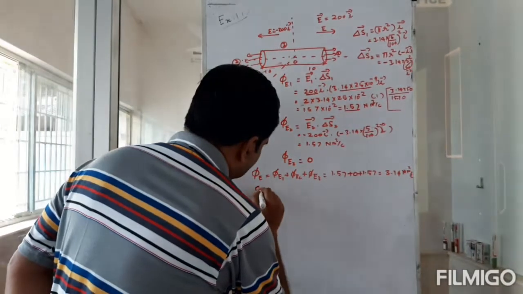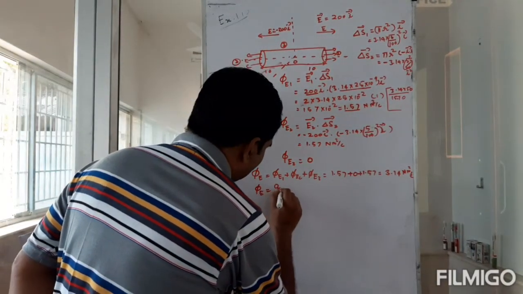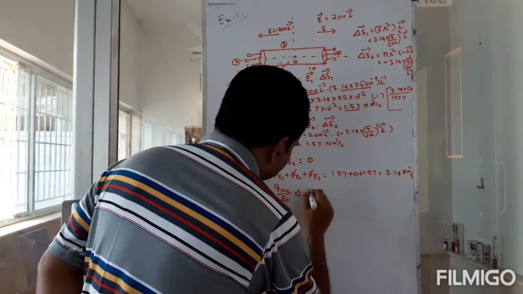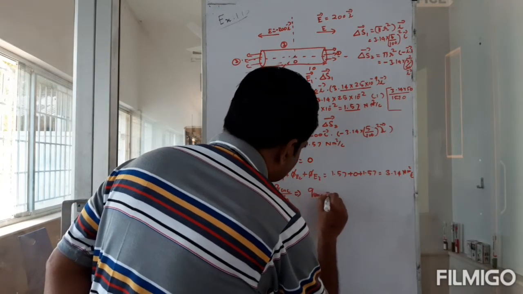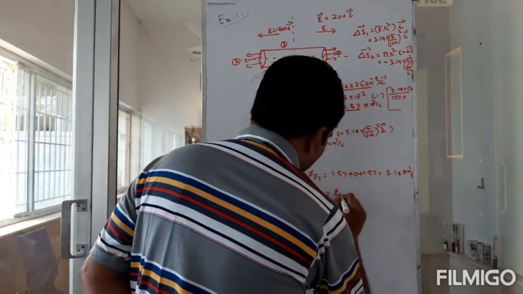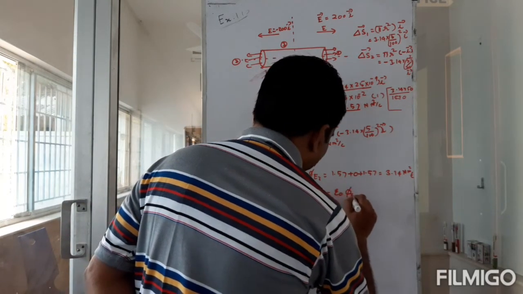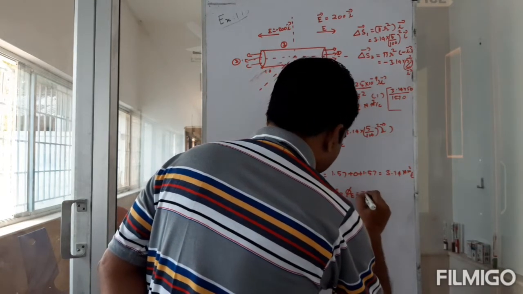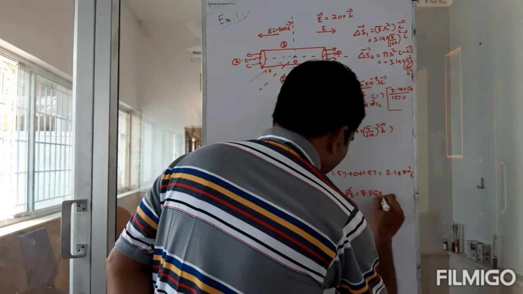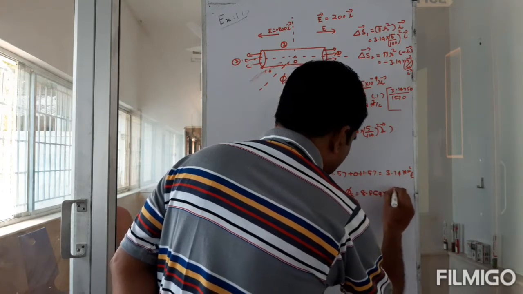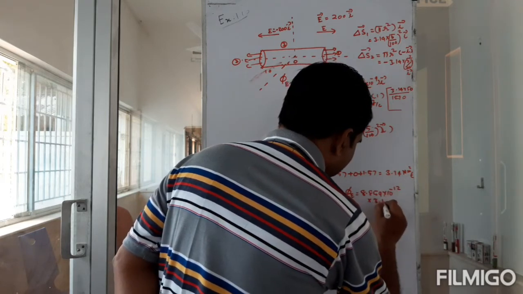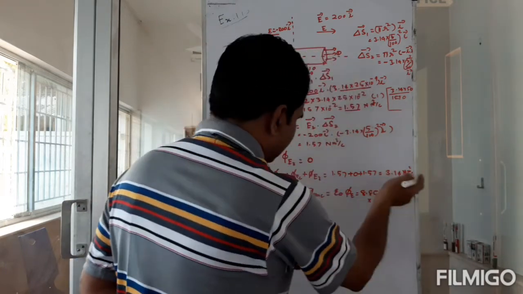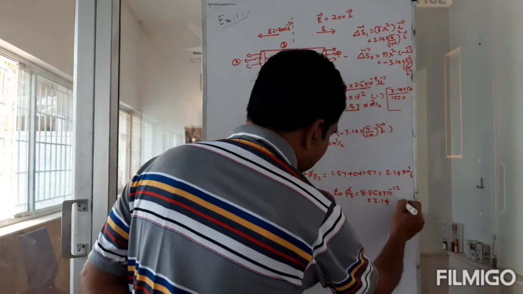So you know phi E is equal to Q enclosed by epsilon naught, and therefore Q enclosed is equal to epsilon naught times phi E. So that is going to be 8.854 into 10 power minus 12 into 3.14. Okay, if you do that, it's going to be in Coulomb, ultimately.